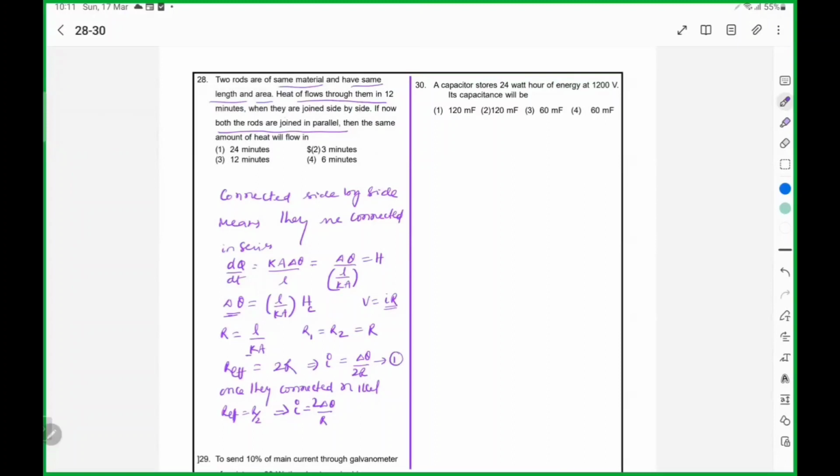Then this H is dQ by dt, per unit time. If it flows for 12 minutes, delta Q will be 12 delta theta by 2R, which is 6 delta theta by R.